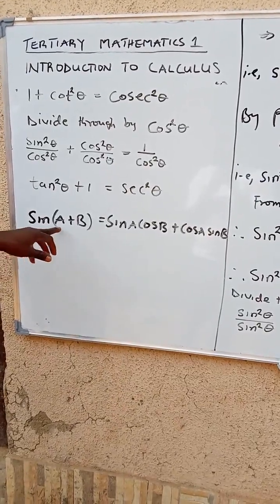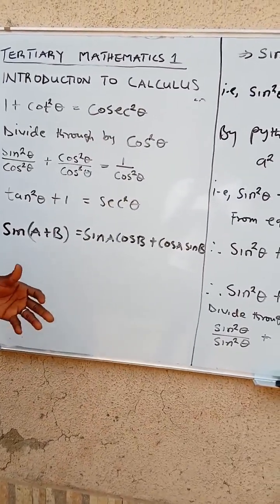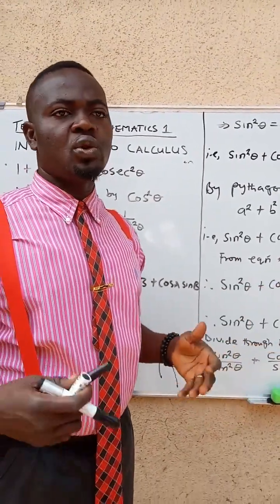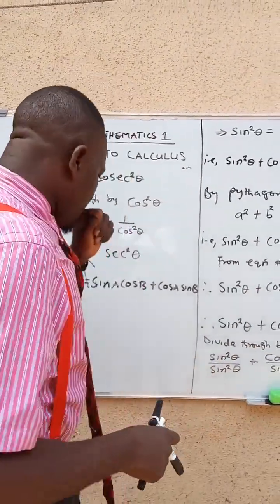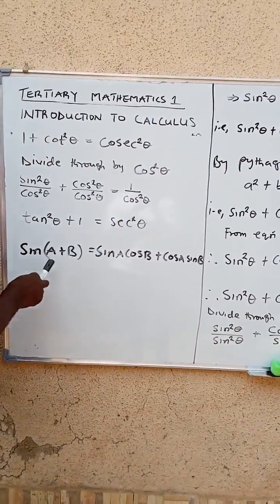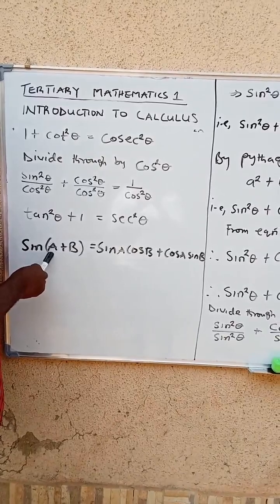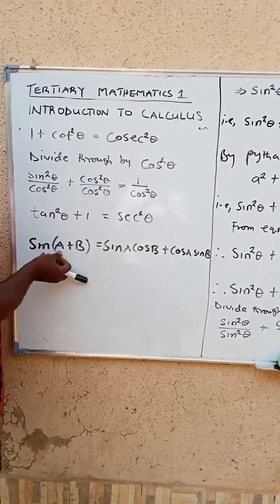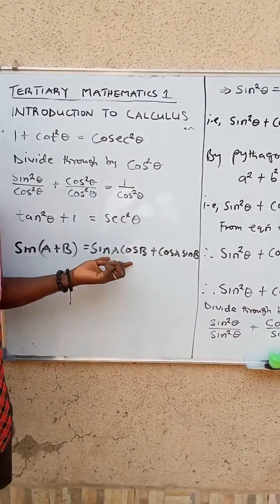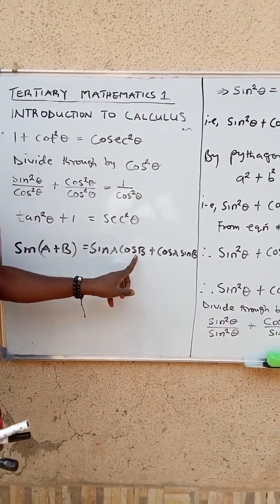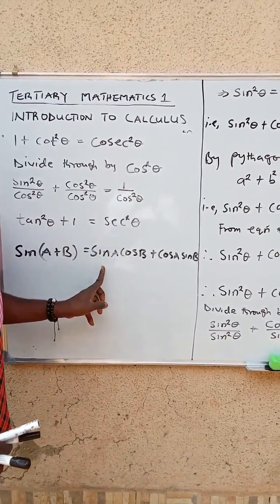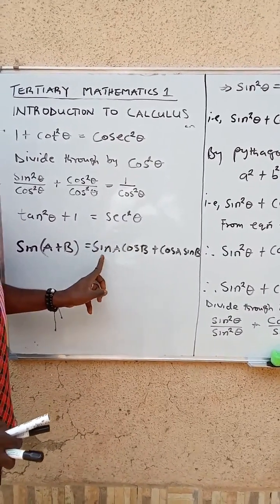Sine is a very good neighbor, unlike some of us that are very wicked: you have food, you don't give to your fellow neighbor. In this case, immediately sine carries the meat A, it says, neighbor, come and carry your own, which is cos B. Cos is the neighbor of sine.